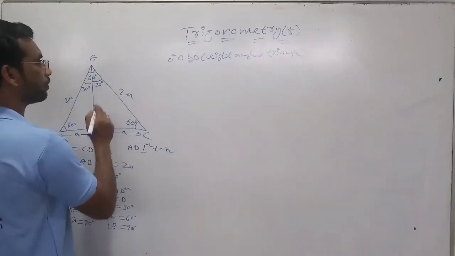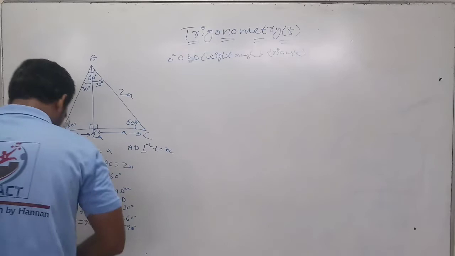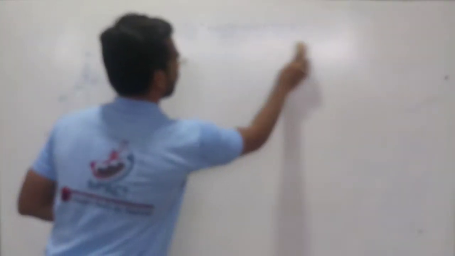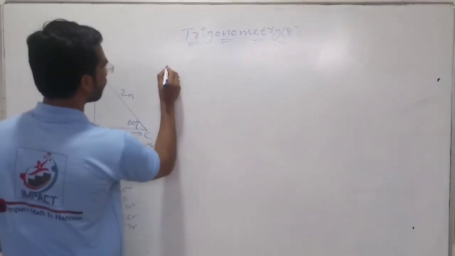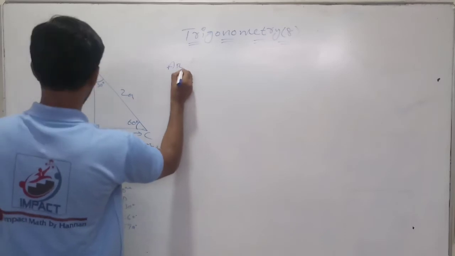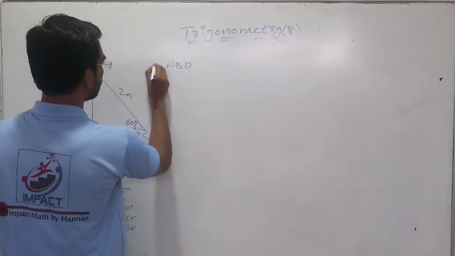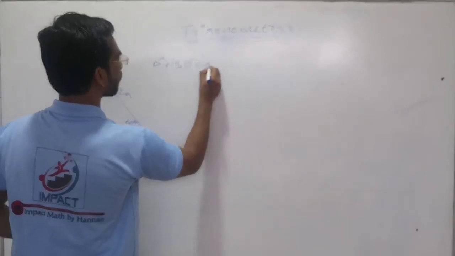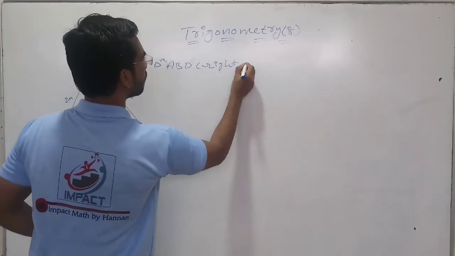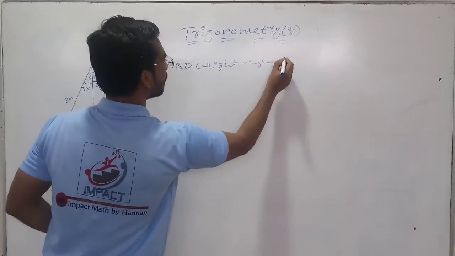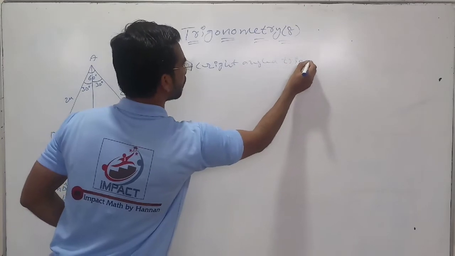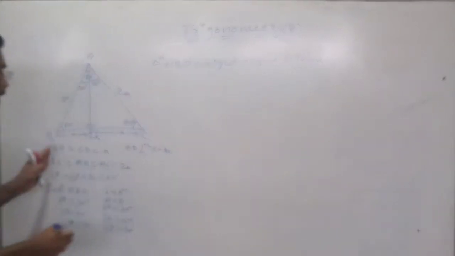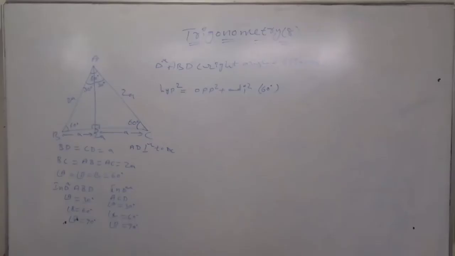So in this right angle triangle ABD, triangle ABD, right angled triangle. Okay. In triangle ABD, hypotenuse.